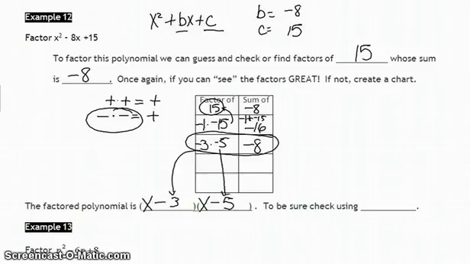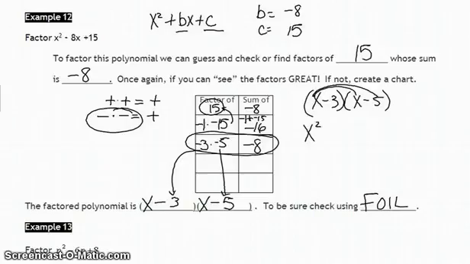How do you suppose we check? We can use FOIL. So we're going to have x minus 3 times x minus 5. First, x times x is x squared.